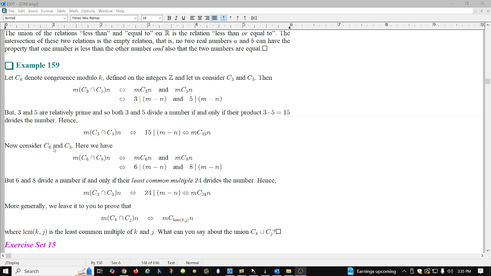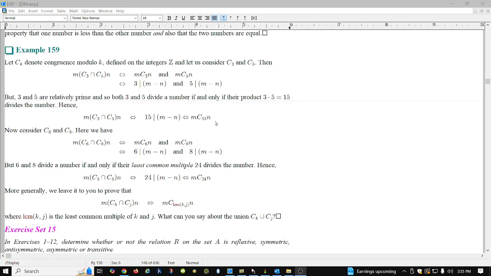Now, if we change the congruences, congruence mod 6 and mod 8, we get a little different story. It starts out the same. M is related to N via the intersection if and only if both 6 and 8 divide the difference. But 6 and 8 divide the difference if and only if their least common multiple, 24, divides the difference. So this is the general statement here.